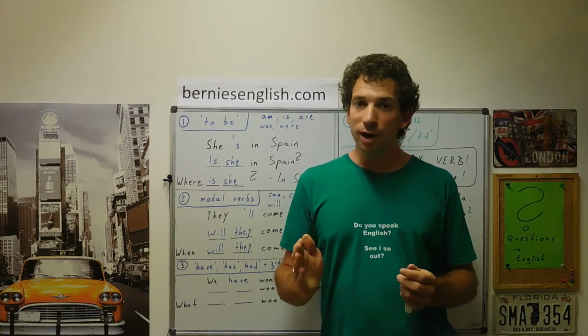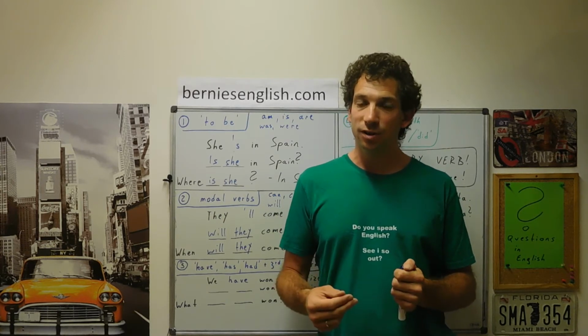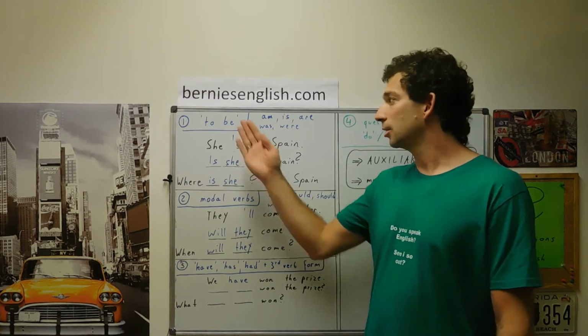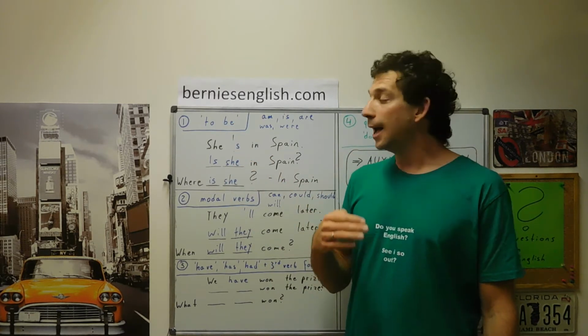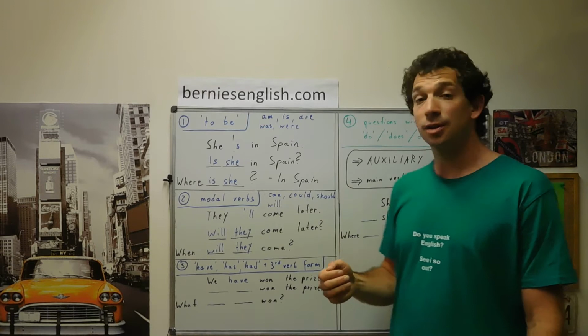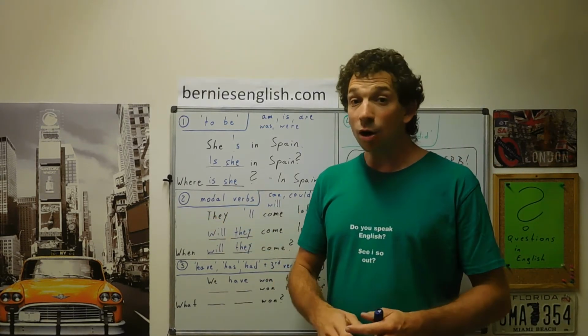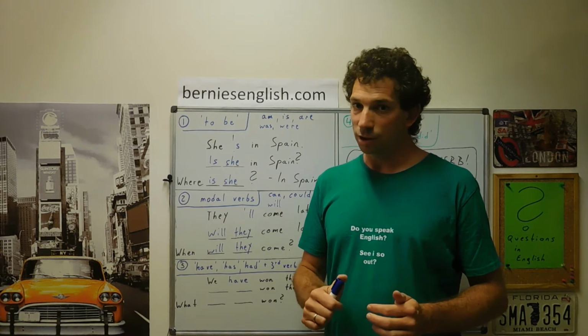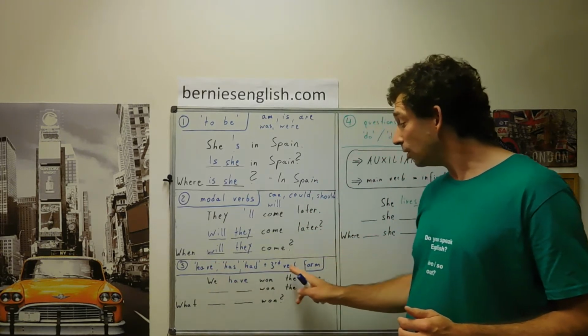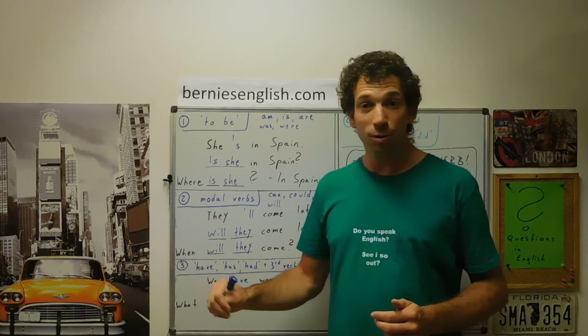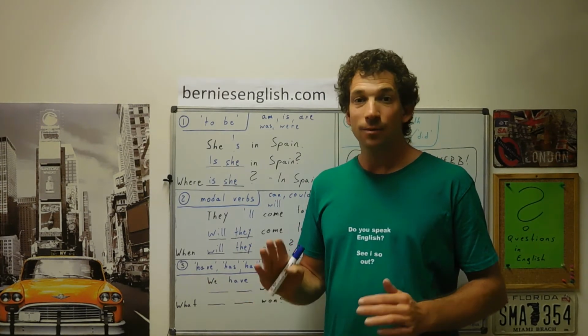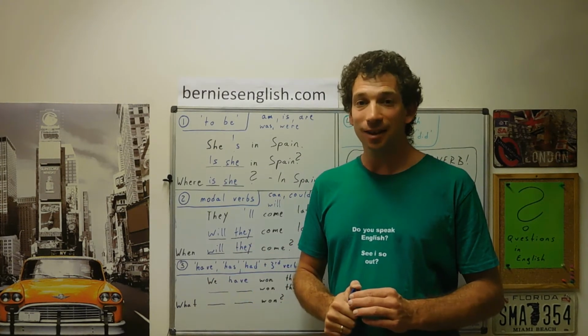So far, we have seen how to make questions using the verb to be and how to make questions using a modal verb. We can also form questions in the present perfect or the past perfect following exactly the same procedure.